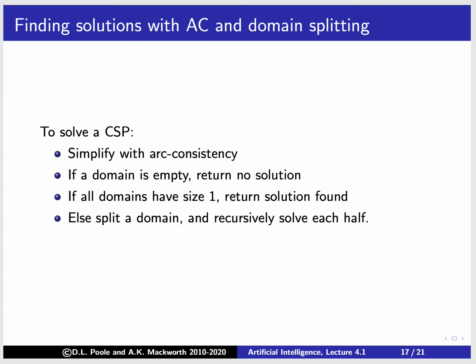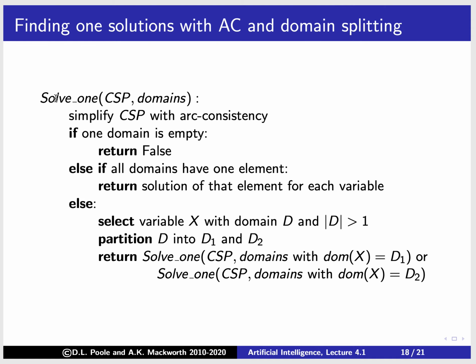Let's write that in pseudocode, exactly what I said there. We're going to call it solve one, to find one solution. It takes a CSP and a set of all the reduced domains. First, we simplify the CSP with arc consistency. If one domain is empty, we return false, meaning there's no solution.